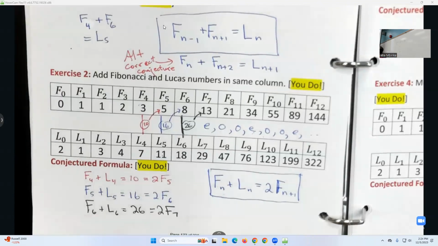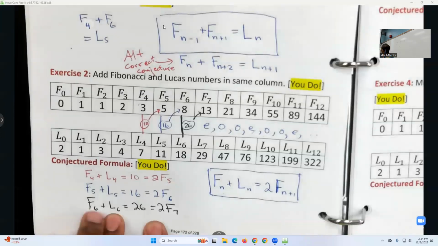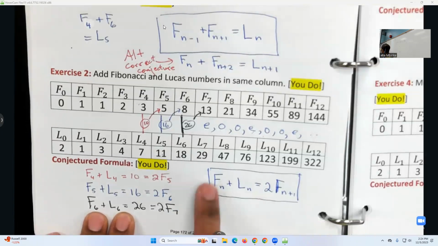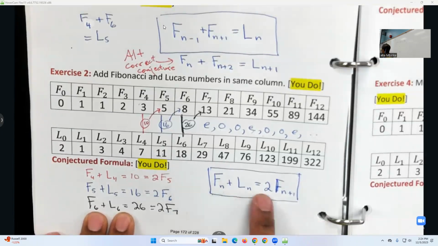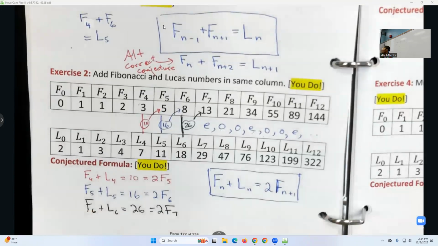So we can look here to find a general formula. The subscript on the right side is one more than on the left. So if I have Fn and Ln added together, I'm going to get double F, and I raise the subscript by just one, n plus 1 instead of n.